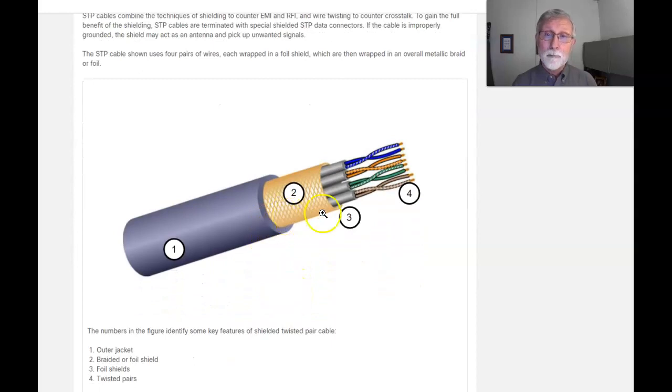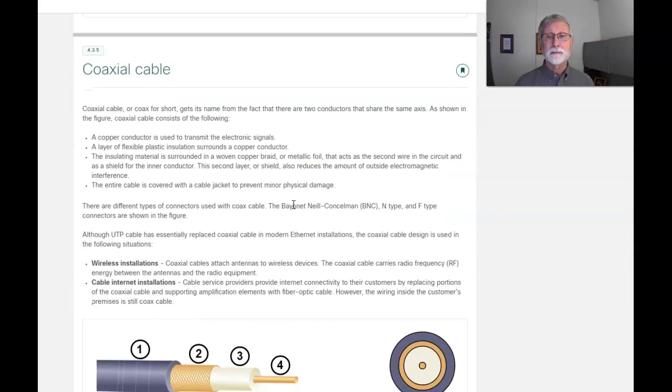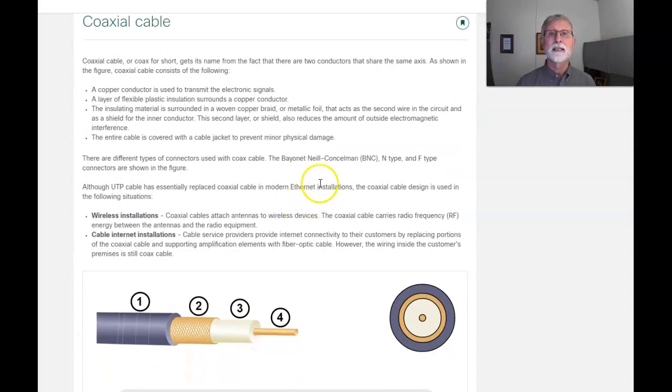I'm putting a braided or foil shield, depending on the manufacturer, and then I've got the outer jacket to protect the cable itself.